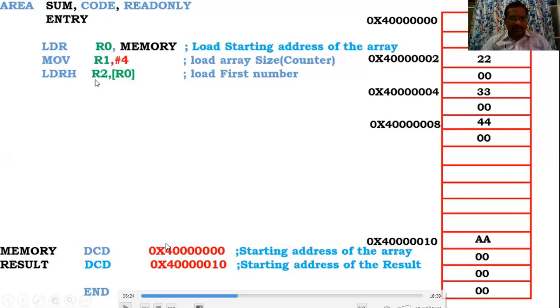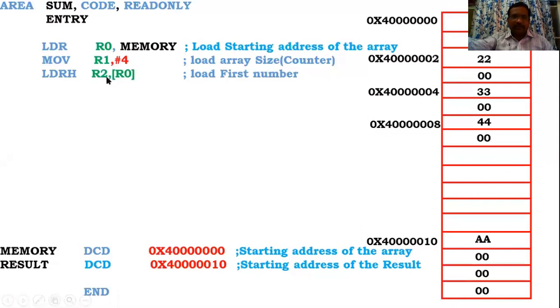R0 is the address location; whatever content is in this address location, you are moving into R2. So that is a 16-bit value. What is our first 16-bit value? 0011. You are loading that first value into R2.